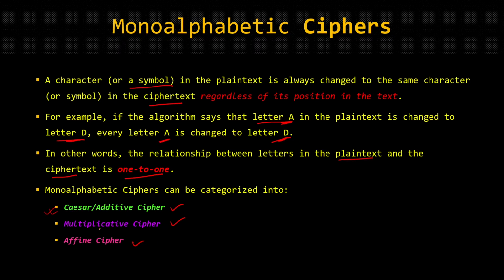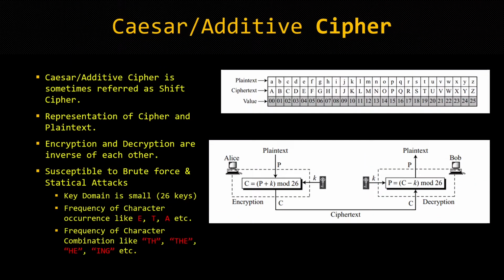what these Caesar ciphers are. The Caesar or additive cipher is sometimes referred to as the shift cipher. The representation of the plaintext and ciphertext is given in this diagram. As you can see, for our assumption's sake, we have given the plaintext in lowercase letters and the ciphertext in uppercase letters. From now on, we are always going to represent our plaintext in lowercase letters and the ciphertext in uppercase letters.